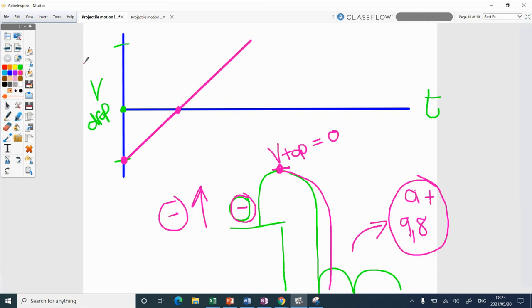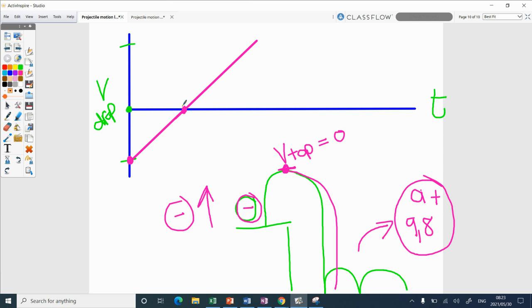But it hits the ground at a positive velocity. So here, where it crosses the x-axis, is always going to be V top. This point here, always V top. This point here is the maximum, though this could be at the bottom as well if we made it negative. So that is when it hits the ground.